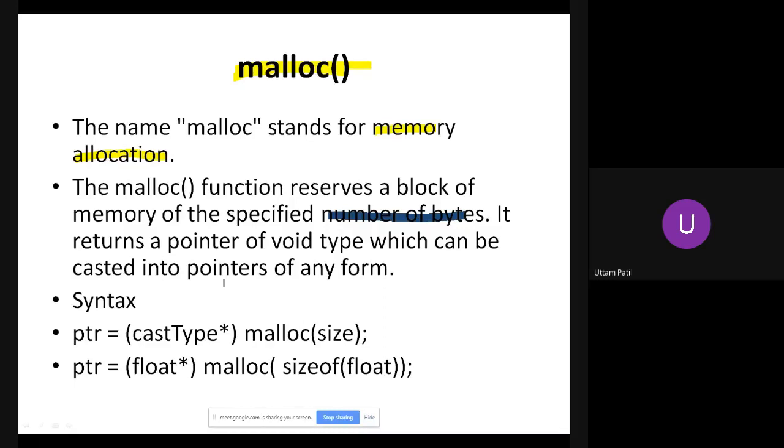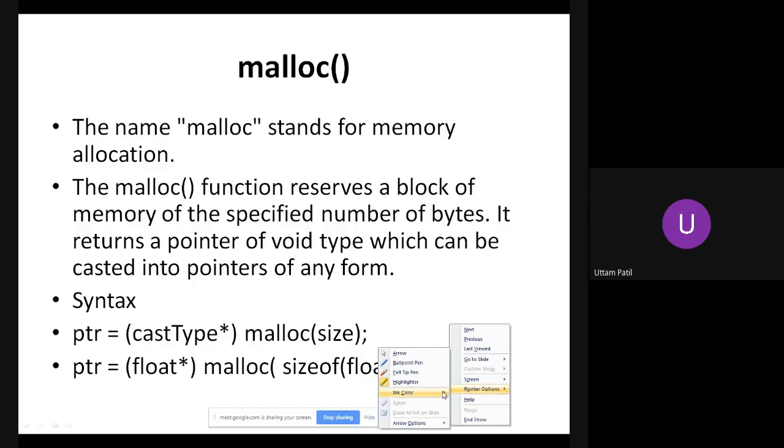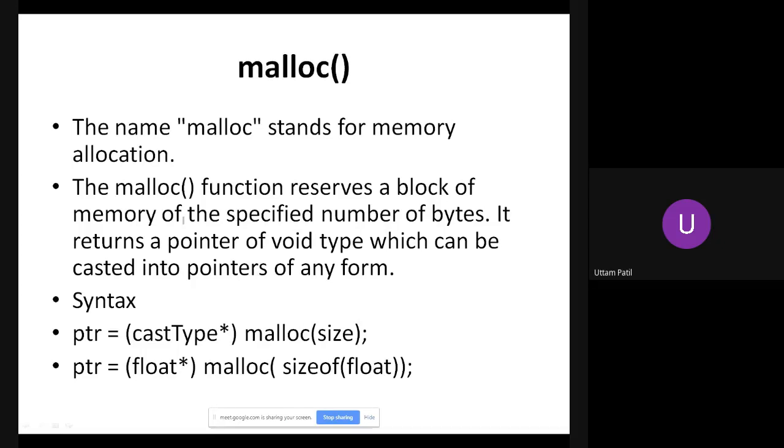Read the statement, then I'll explain what it is. Malloc, which stands for memory allocation, is a function that reserves a block of memory of the specified number of bytes.